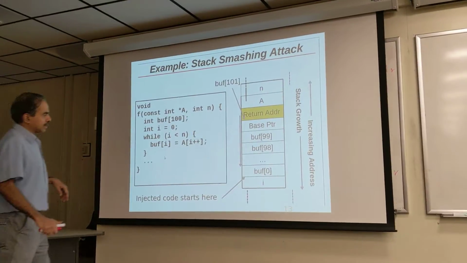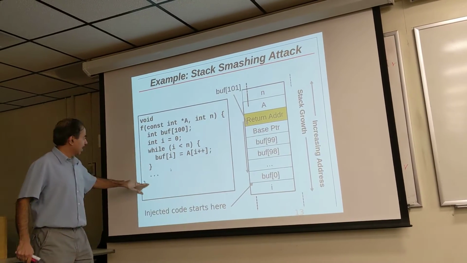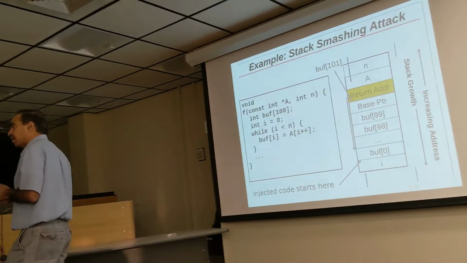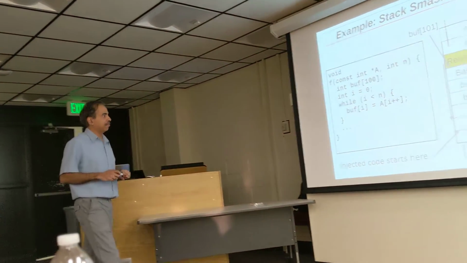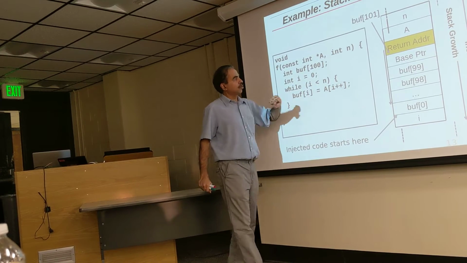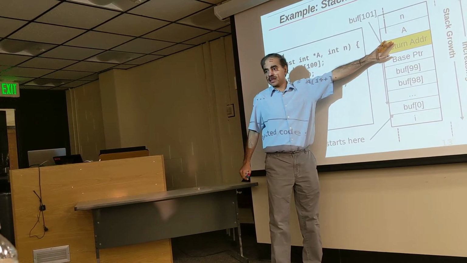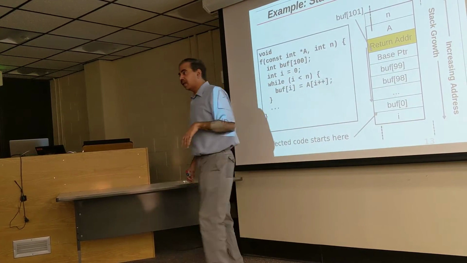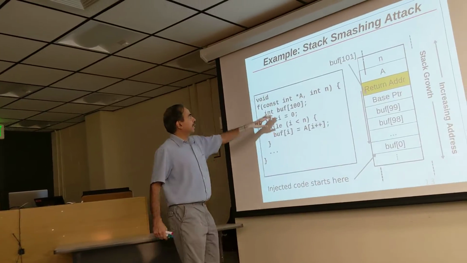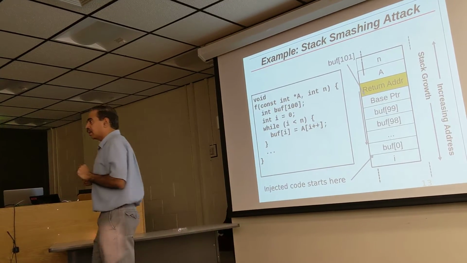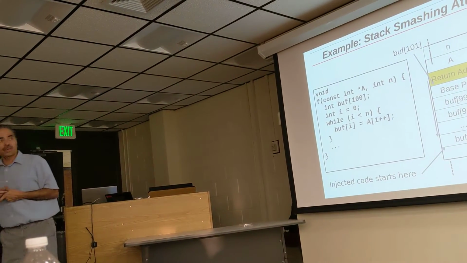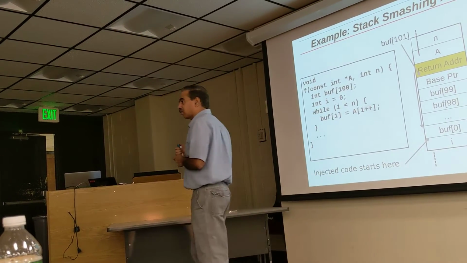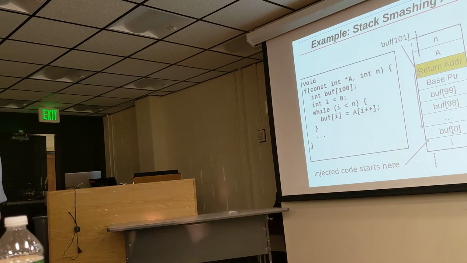So what happens is that when you end up overwriting this, you overwrite the return address, right? And therefore, when this function f returns, it's going to jump to whatever address is stored here. But since this has been overwritten, and if you think that the data A came from an attacker, that means the attacker controls the content of the return address, which means the attacker controls where the execution is going to continue.